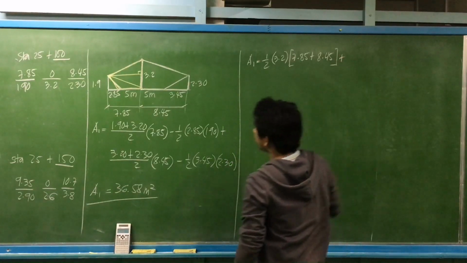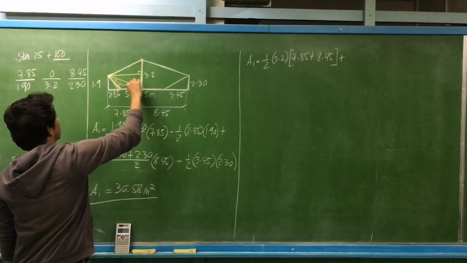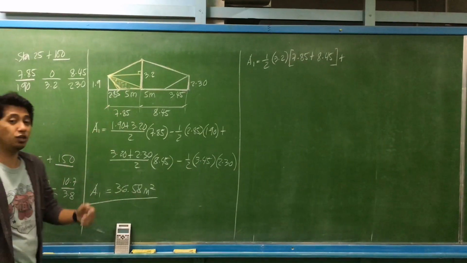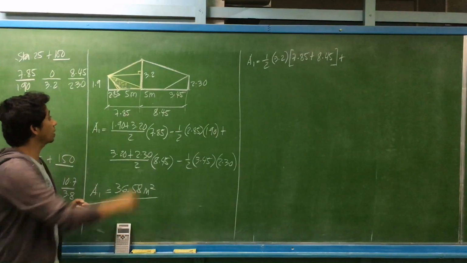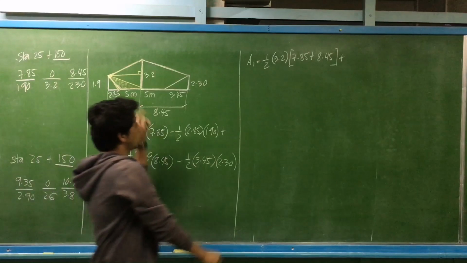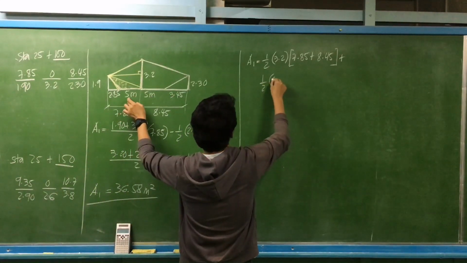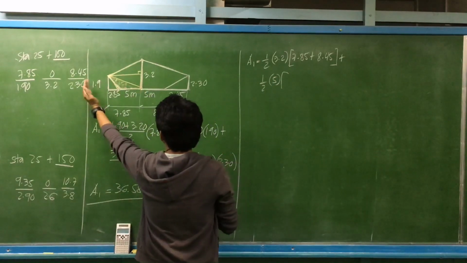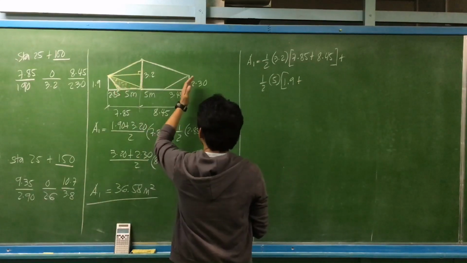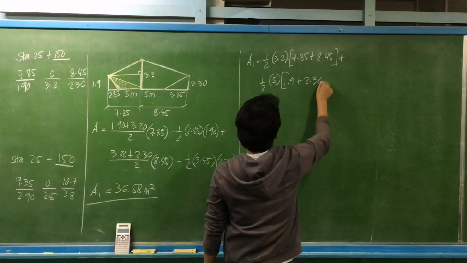Plus, for the smaller triangles on the sides, the area is still 1/2 base times height. Use as base half of the roadway, which is 5 meters. The height on this side is 1.9, plus the same on the other side, 1/2 times 5 times 2.30.